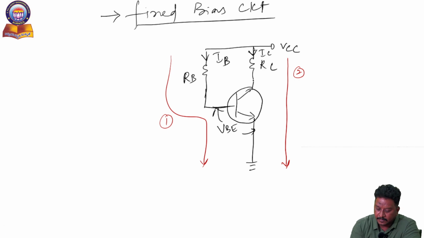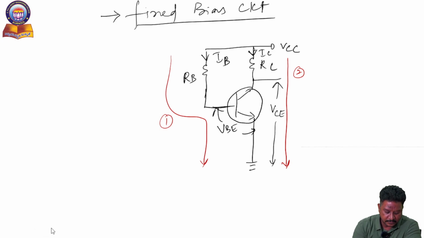The output is taken across here, this is VCE. So I am considering 2 paths, one is path 1 and the other one is path 2, applying KVLs on path 1 as well as path 2.